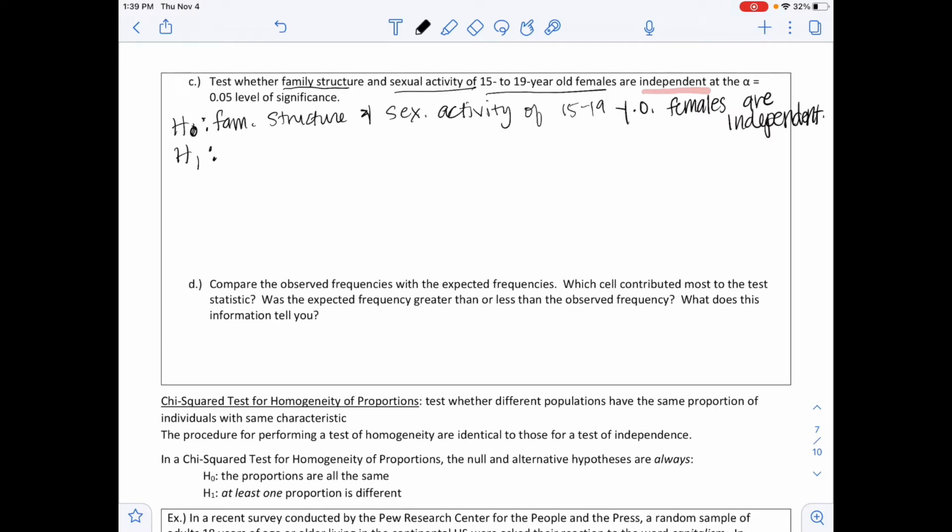Then I'm going to write the same thing, but instead that they are dependent. So family structure and sexual activity of 15 to 19-year-old females are dependent.